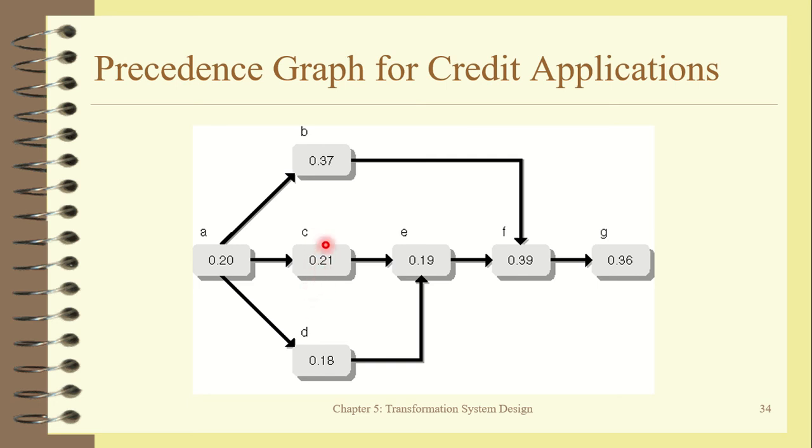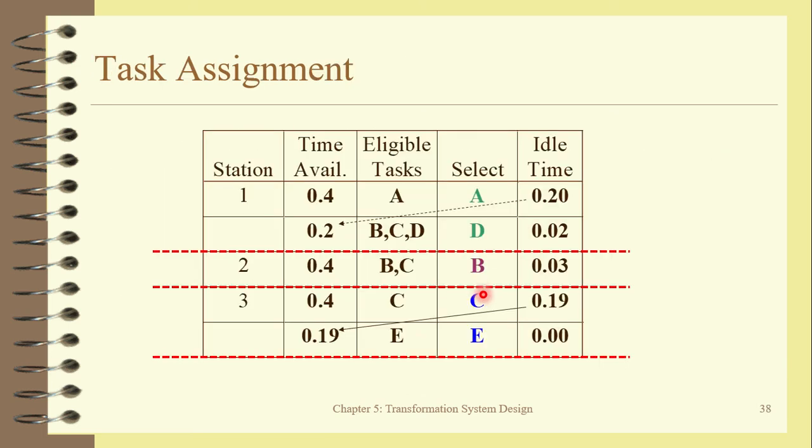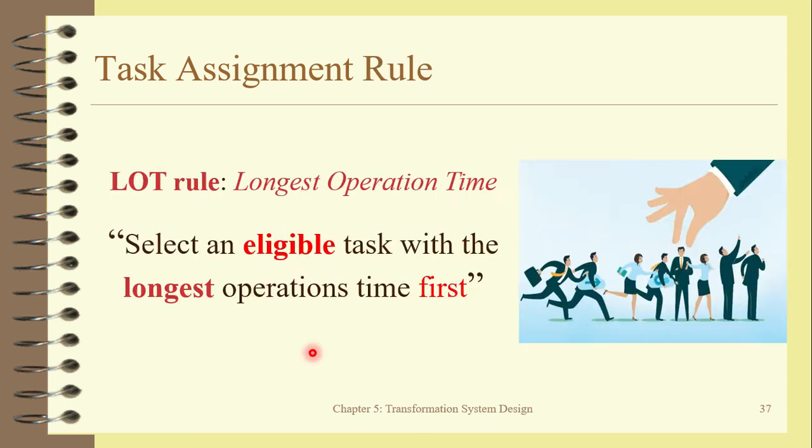You have already done C, so E could be the eligible task, but not F, because F requires both B and E. E still hasn't been done yet, so F cannot be started, and the eligible task is just E. The available work time is 0.19.